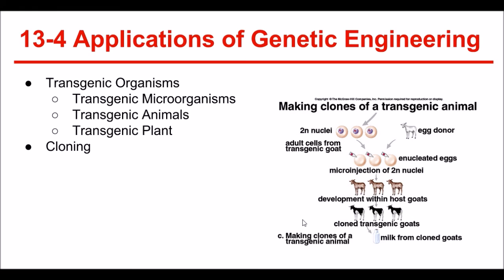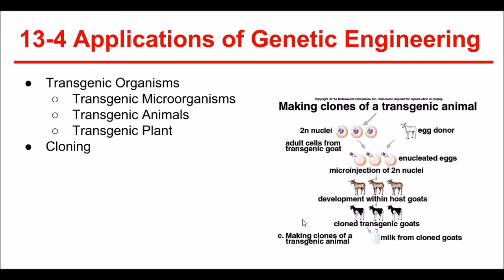For instance, we've now created transgenic microorganisms. So transgenic bacteria now produce a host of important substances useful for health and industry. Diabetes patients are now treated with human insulin produced by human genes inserted into bacteria. We've also created transgenic animals.